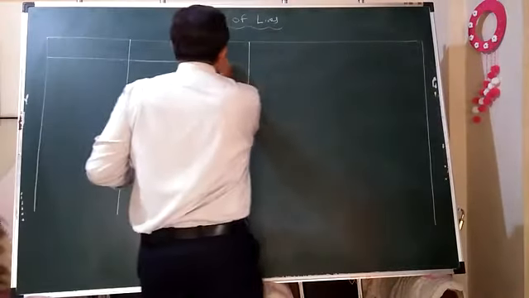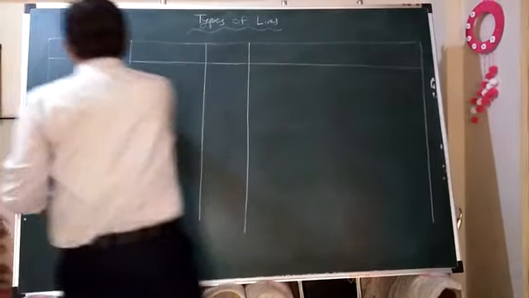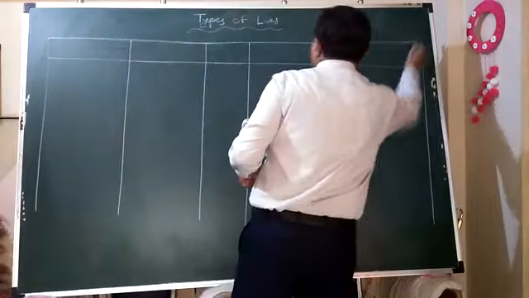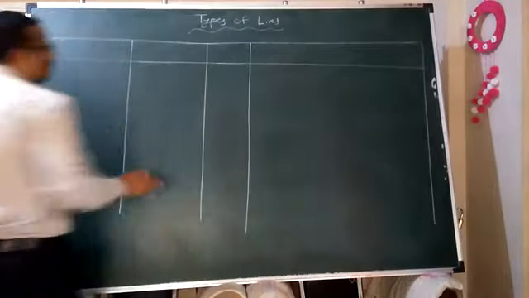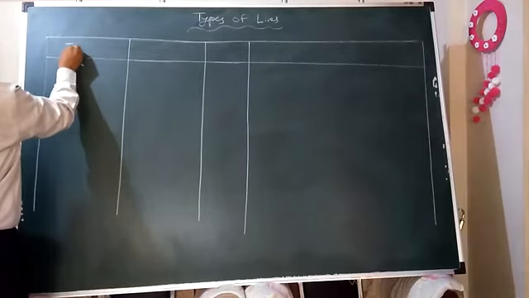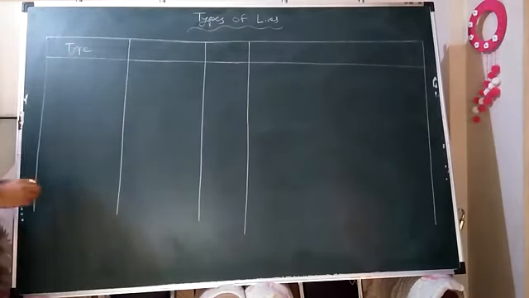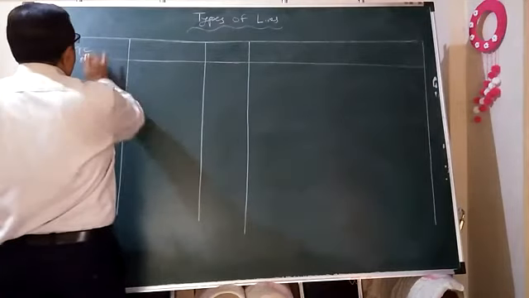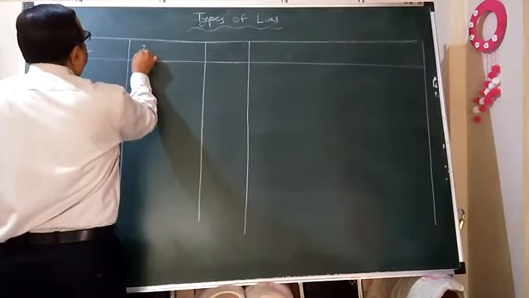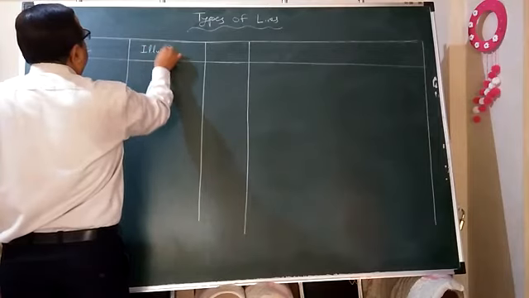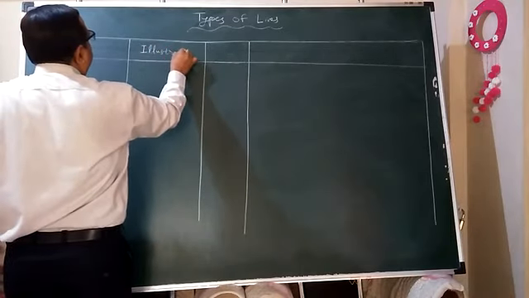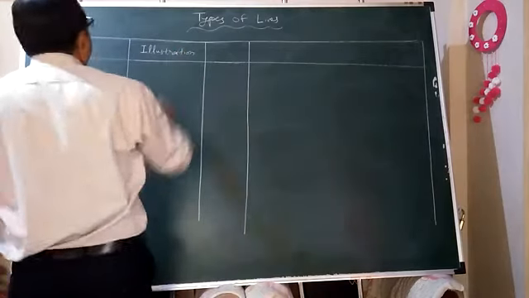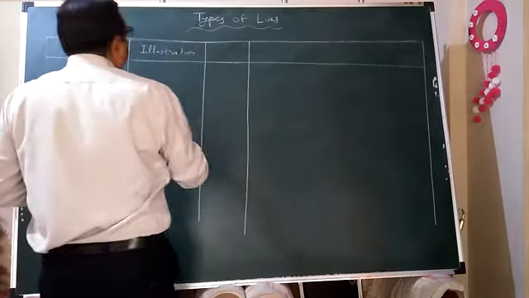The title of the table is types of lines. Four columns I have created. You have to create the same. First is the type of that particular, specific line, then type of line. After that, how to illustrate, meaning how to construct that line, will be shown in the second column.